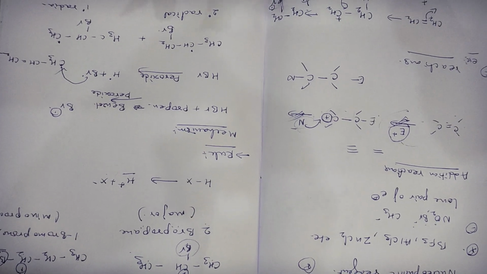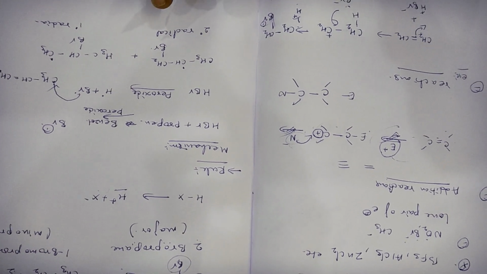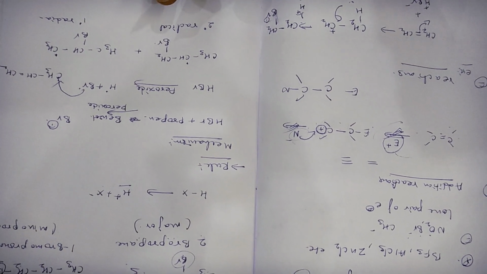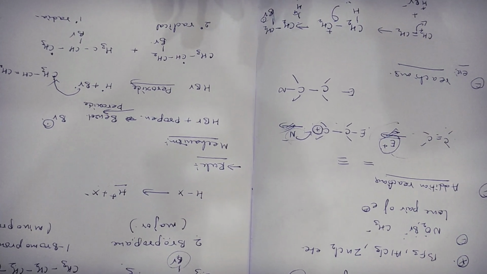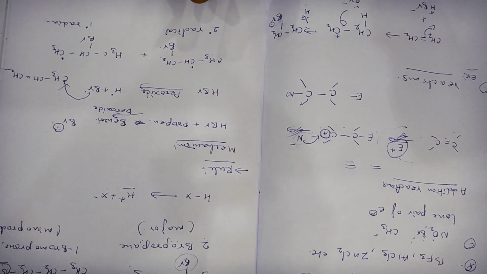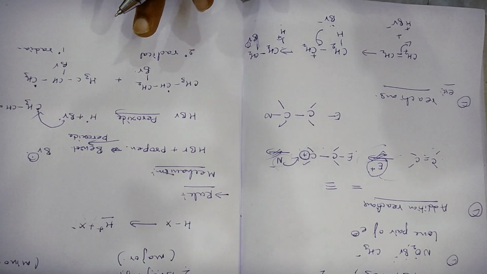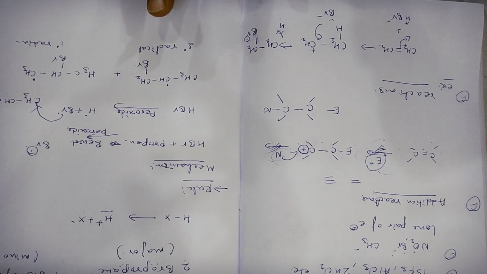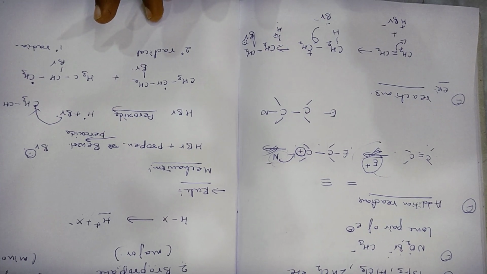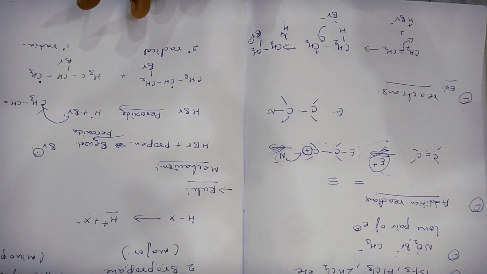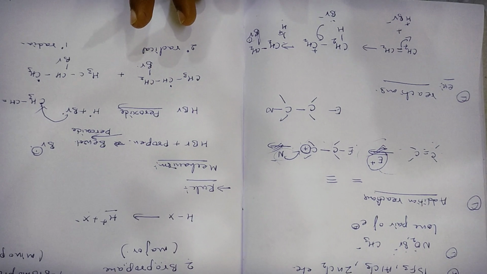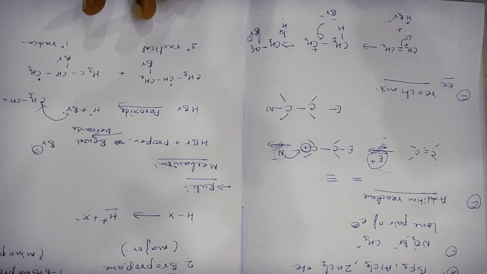Okay, so a nucleophilic substitution reaction is a reaction during which one nucleophile in a compound is replaced by another nucleophile. Understood? A good example of this is hydrolysis of alkyl bromide in the presence of basic conditions.